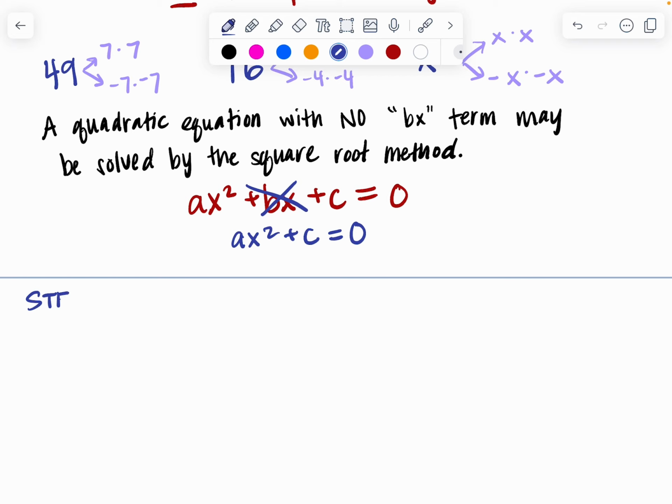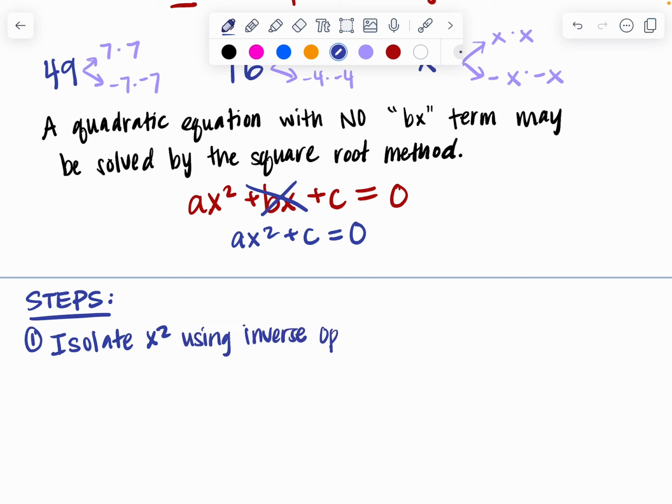All right, so here are the steps. Isolate x squared using inverse operations. Then you're going to take the square root of both sides.